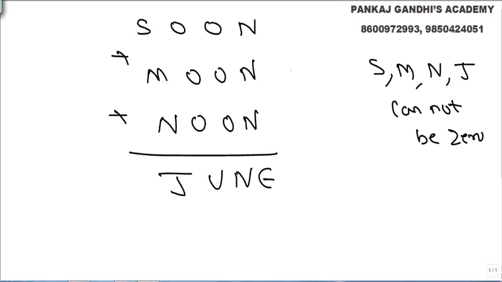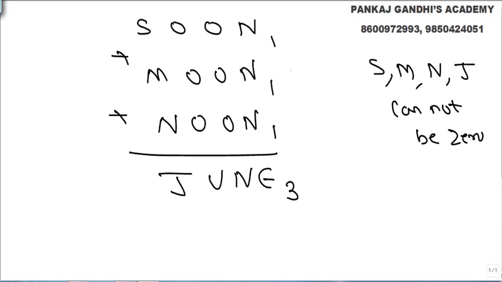Let's start here. Let's say N we take 0. Try to concentrate here. If we take N as 0, N is 0 and E is 0, not possible. We take N as 1. If we take N as 1, 1 plus 1 plus 1, we get E as 3.